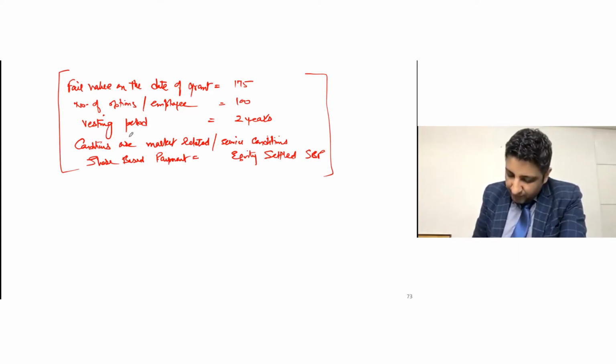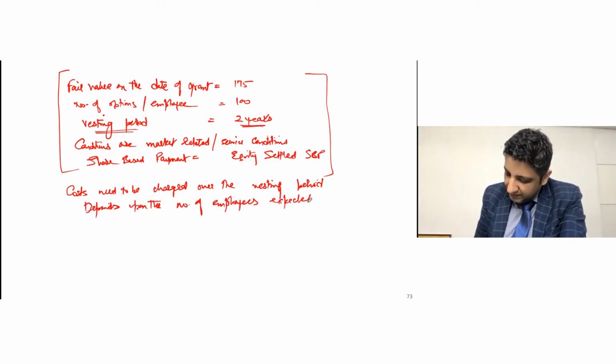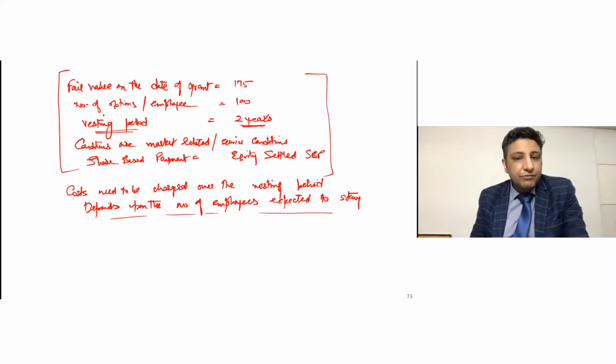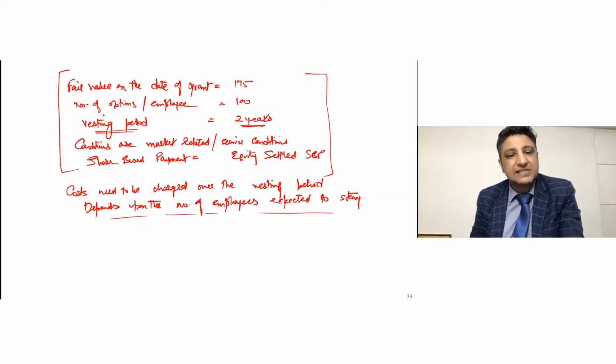Now, what we need to remember, if the vesting period is 2 years, the concept suggests that the costs need to be charged over the vesting period. Essentially, it depends on the number of employees expected to serve or meet that vesting period or meet the vesting conditions.